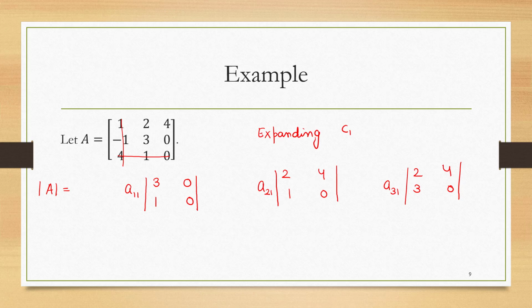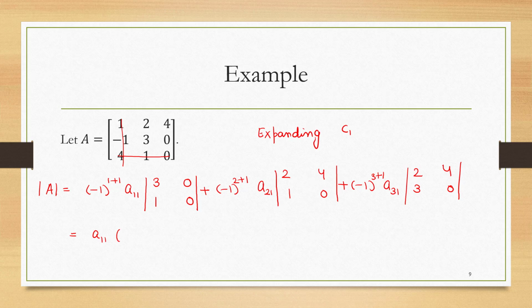And what would be the signs? Minus 1 raised to power 1 plus 1, plus minus 1 raised to power 2 plus 1, plus minus 1 raised to power 3 plus 1. So this is minus 1 to the power even. So we will get plus 1.